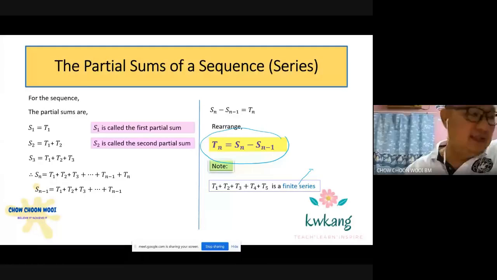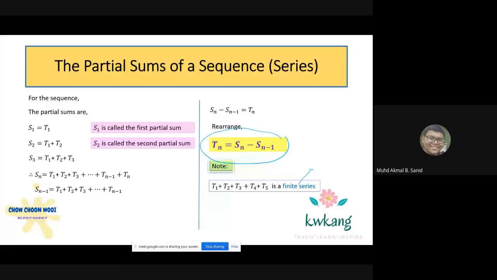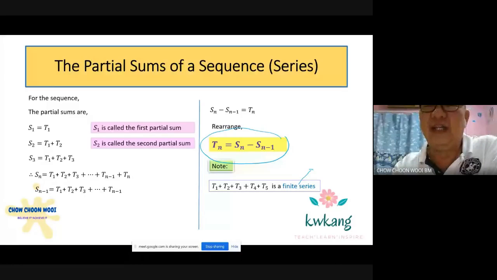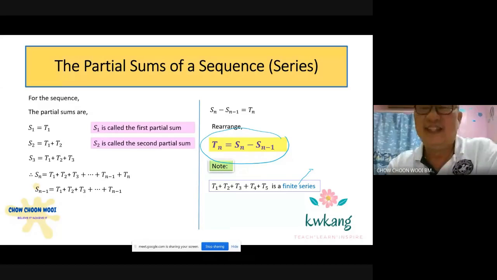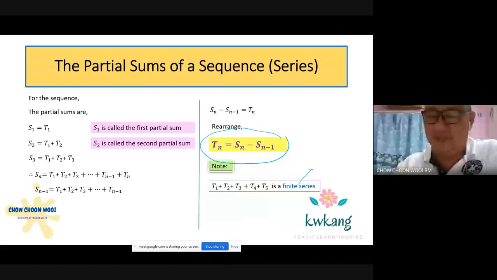Itu infinite. Infinite itu infinity, tak terhingga. Okay, finite terhingga. Dia ada stop. Belakang tak ada dot.